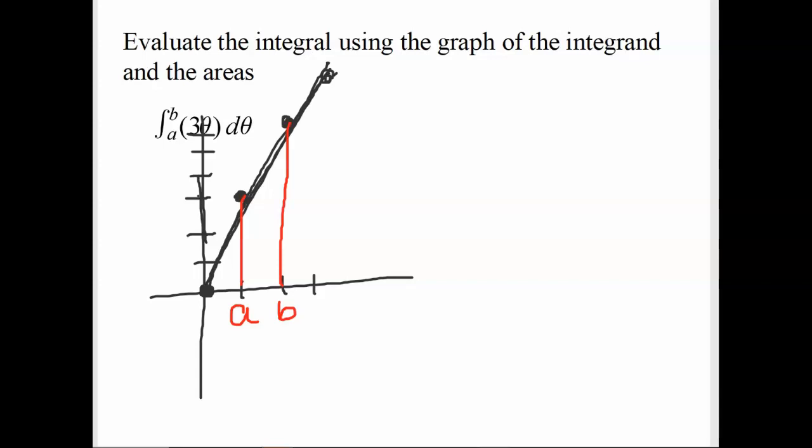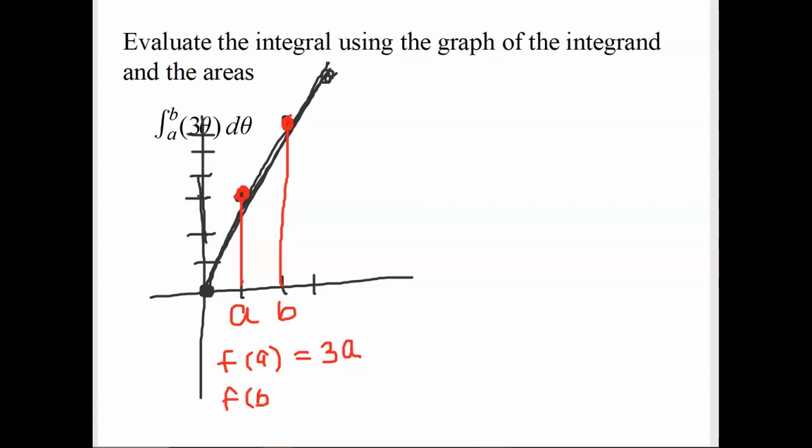And on the previous screen, I told you that these values I was getting came from plugging them into the function. So f of A would be 3 plugged in an A for your theta, so it's like 3A.